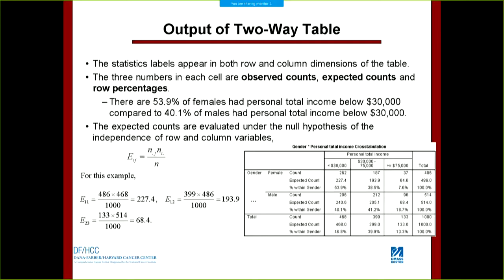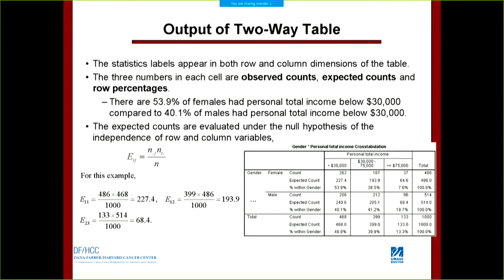For the lower income, about 54% of females are in the lower income category, compared to 40% of males. You can see those percentages are quite different, so by guessing, I would say there could be some association between gender and personal income.